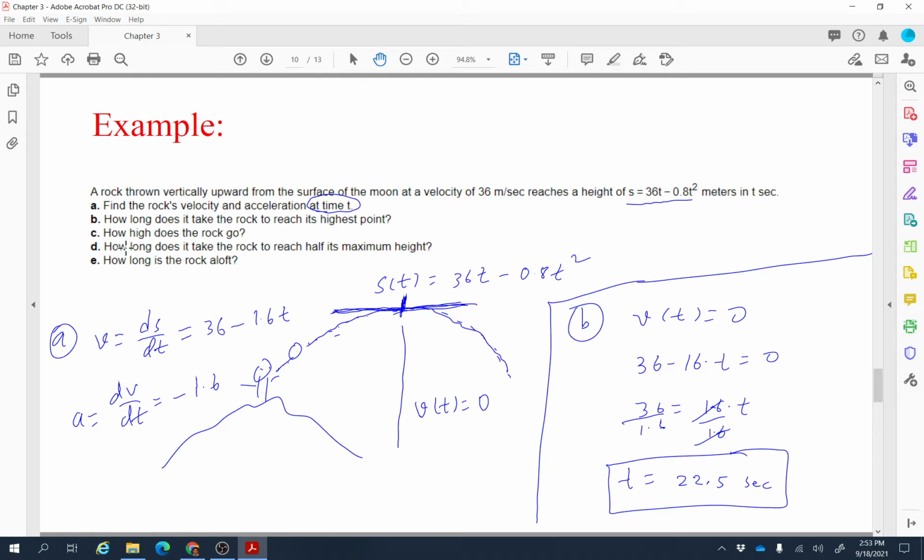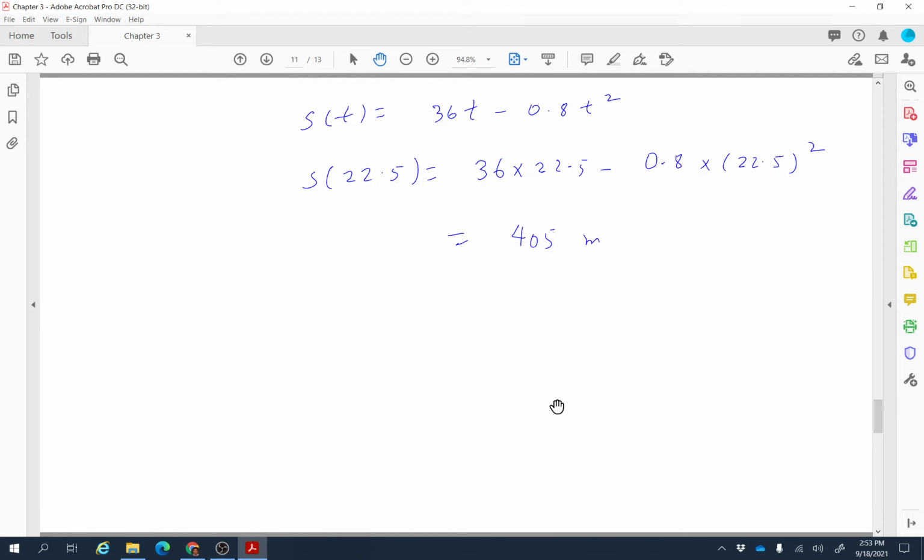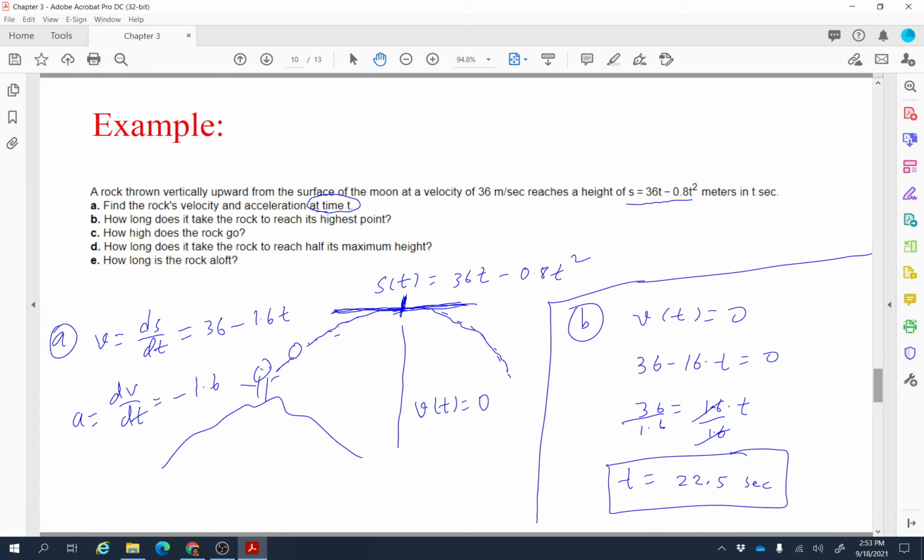For part D, how long does it take the rock to reach half of its maximum height? As we know, the maximum height is 405. So now we need to find the time when the height is half of it.